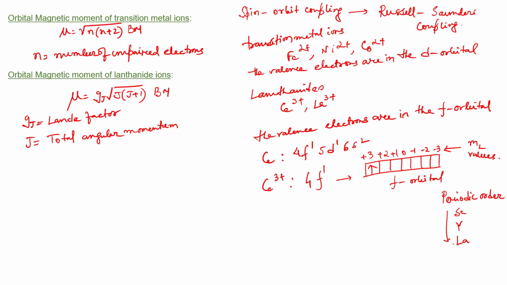Thus the f orbital has two different scenarios. In one case, since the f orbital is situated very deep, the effect of ligand field is very much less or negligible, but due to the lanthanide contraction, effective nuclear charge increases.